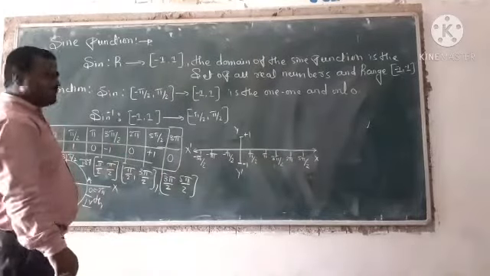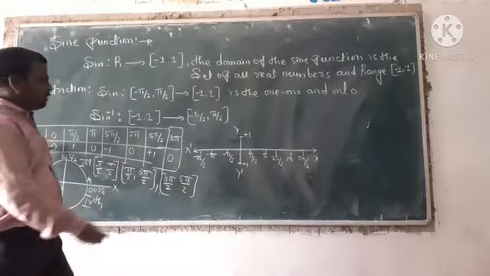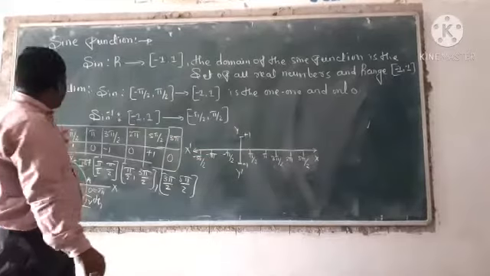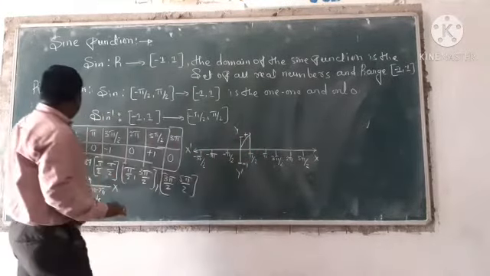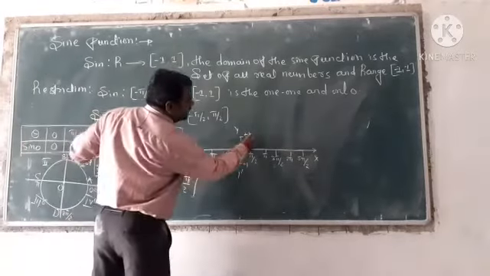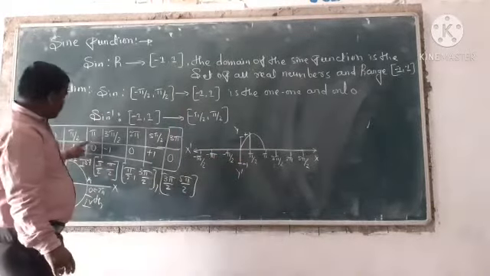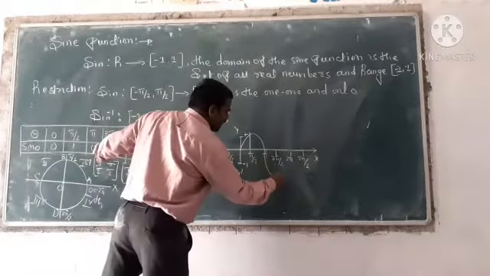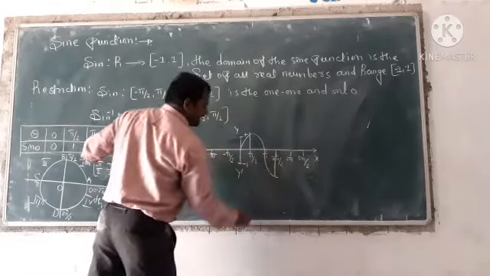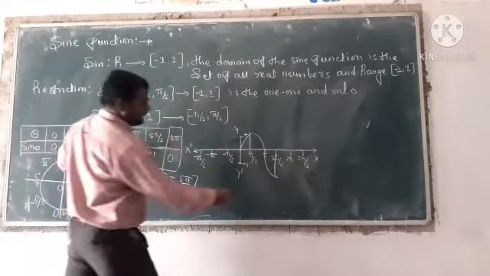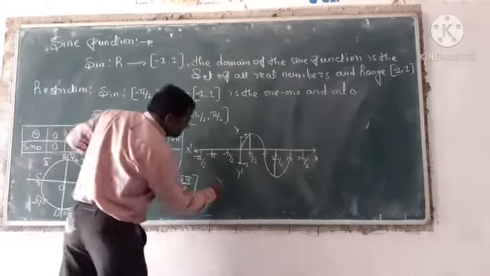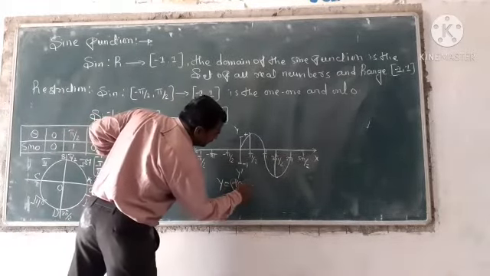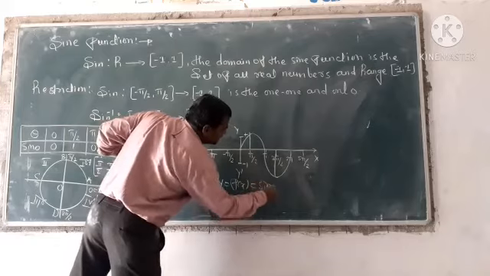So the point sine theta is 0, 0, no problem. Sine pi by 2, the range will be up to 1. Sine pi is 0. Sine 3 pi by 2 is minus 1, that range is there. 2 pi goes on 0. So this is the function y equals f of x equals sin x.